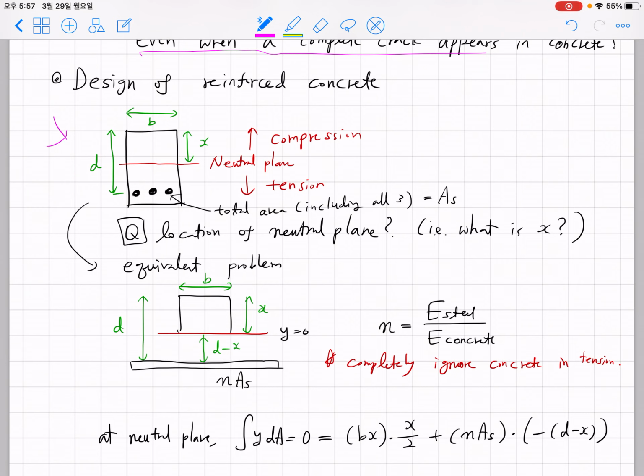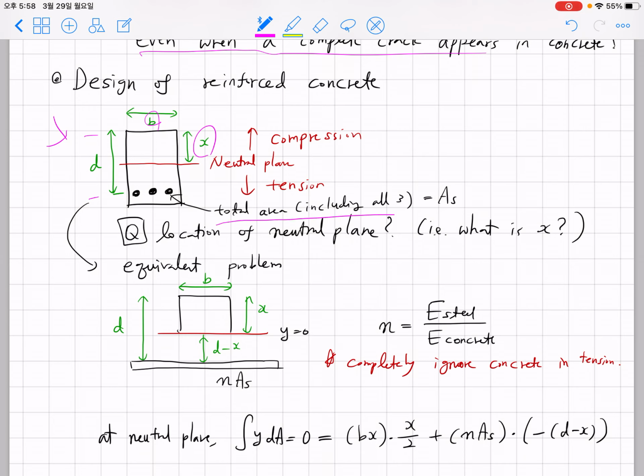In this example we're going to consider the cross section of reinforced concrete, where the width is b, the distance between the top and the location of steel is given as d, and x is the unknown number. This is the distance from the top to the neutral plane.